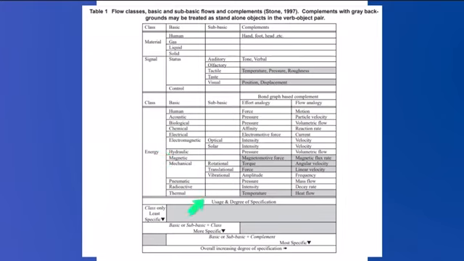And you can see, for example, for human, the effort energy is force, and then the flow of energy is motion. Okay, so this is the table where you can see the detail in terms of the flow of material, signal and energy.